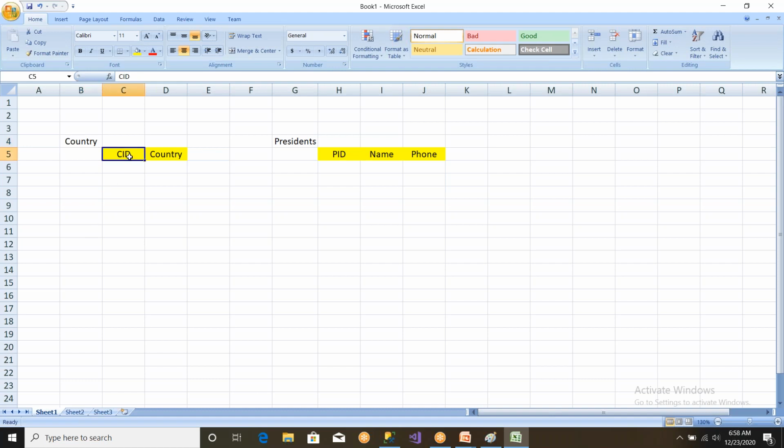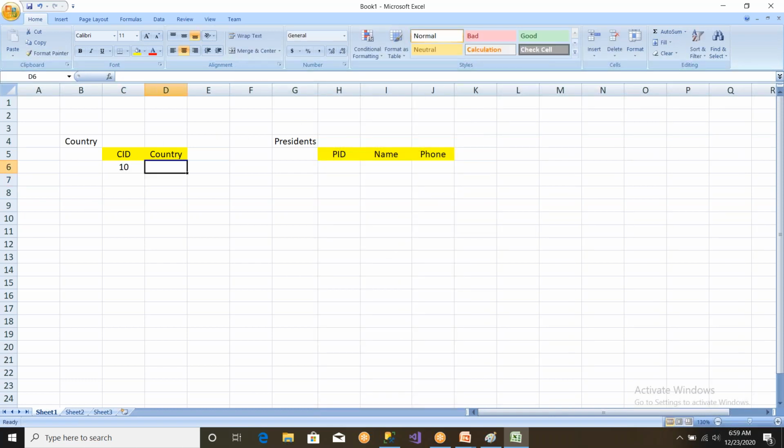Entity will have attributes. Entity means what? A table. So this is one more entity. These are called columns. You will have a lot of data types and null columns, a lot of things. Now I wanted to have some data. Country number 10, India. Country number 20, let us say UK. Country number 30, let us say Saudi Arabia.